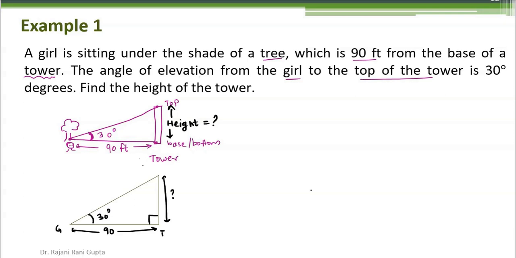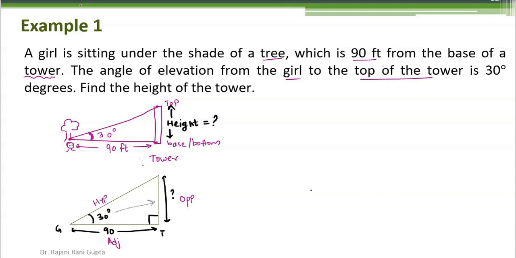We have to check which trigonometric ratio of sine, tan, cos will be used here. First we need to identify which side is opposite, which is adjacent, and which is the hypotenuse. The side opposite to the angle is the opposite side. This side is the adjacent side and this side is your hypotenuse.